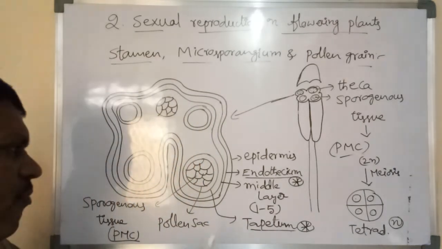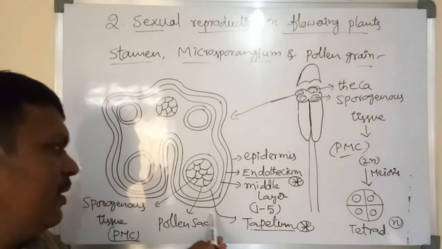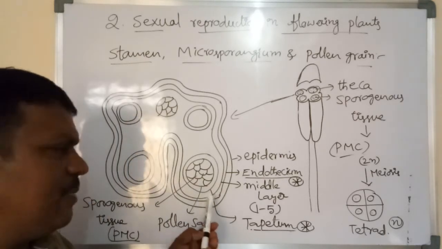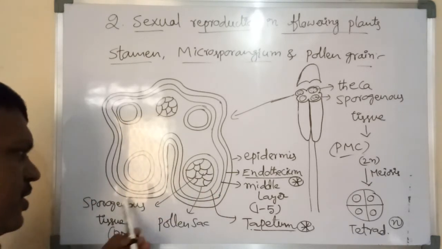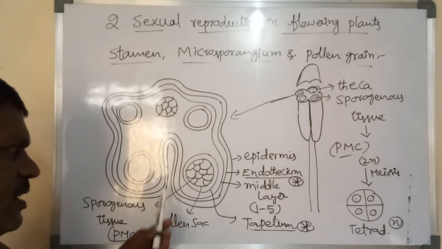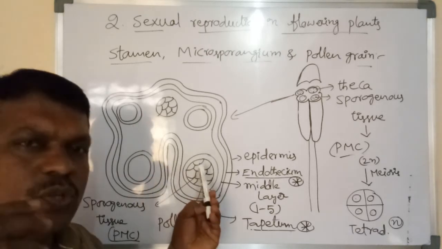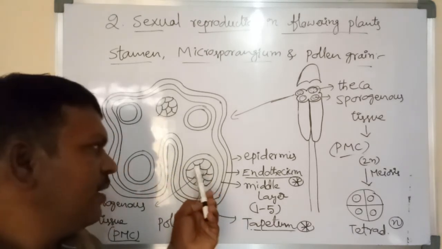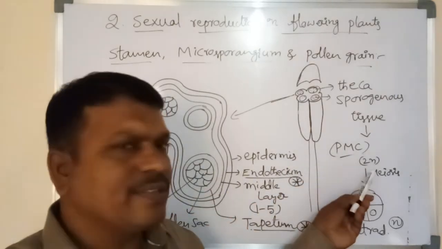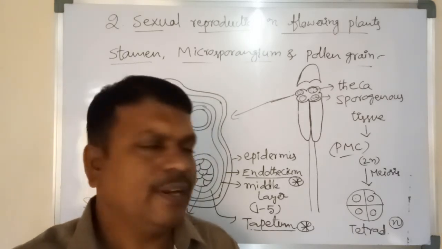Clear? These are the special characteristic features of tapetum. Then innermost layer, pollen sac. As I told many times, pollen sac is filled with the sporogenous tissue. Sporogenous tissue is made up of several PMC, pollen mother cells. Each cell equals one pollen mother cell. Then pollen mother cell undergoes meiosis, forms microspore tetrad. Understood? Right?